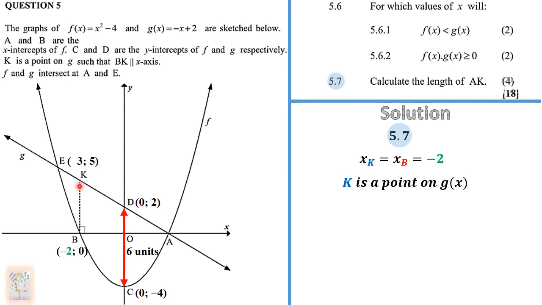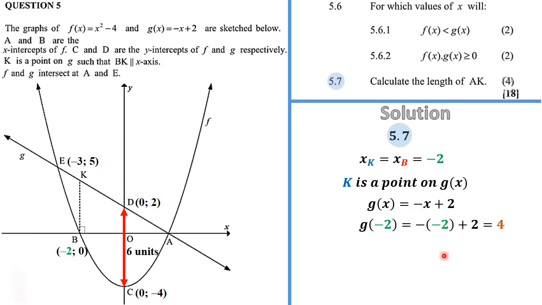Now, because we already know the x-coordinate at K, we want to know the corresponding value of y at K. So we look at the equation of g of x, since K is a point on g of x. When x is minus 2, what will be the value of y? So we look at g of minus 2. Negative and negative is positive 2, and 2 plus 2 is 4.